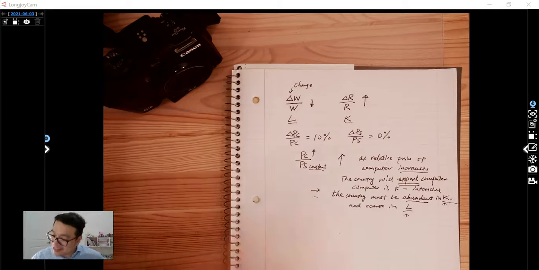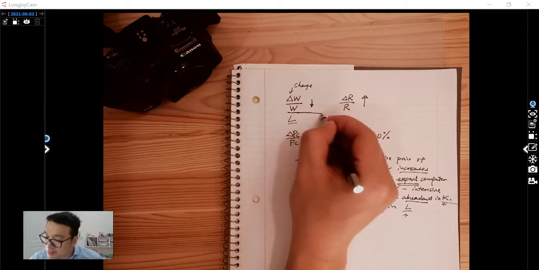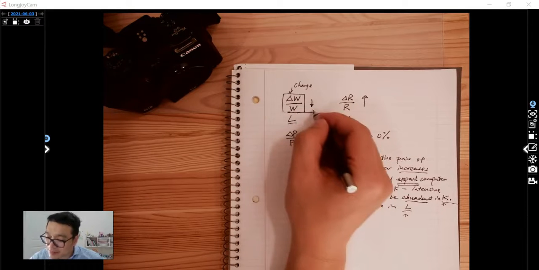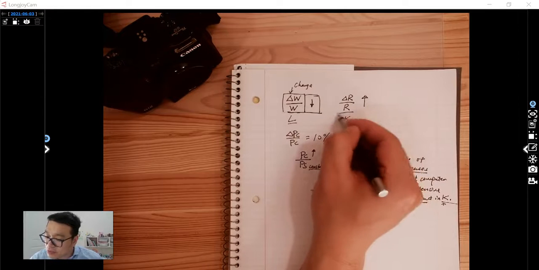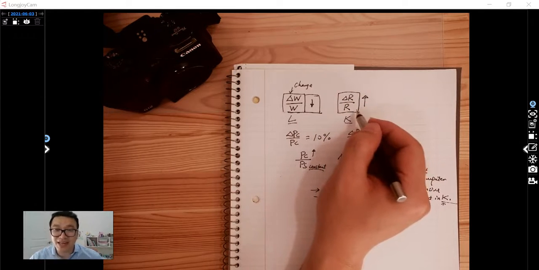So this is what we are expecting: when we calculate the change in wage rate, we expect the wage rate is going to decrease. And when we calculate the change in rental of capital, we expect the rental should increase.